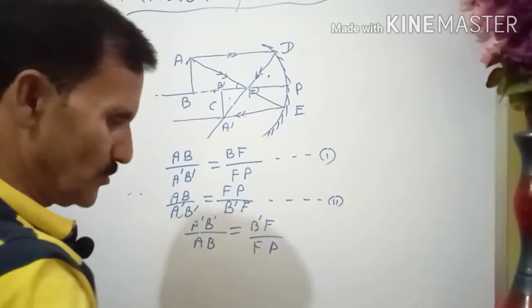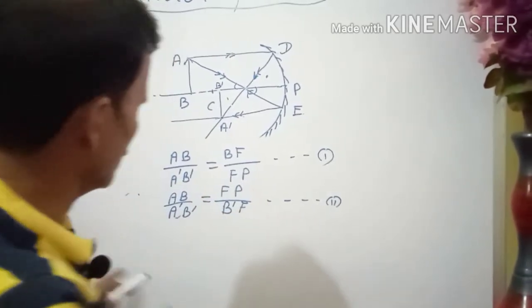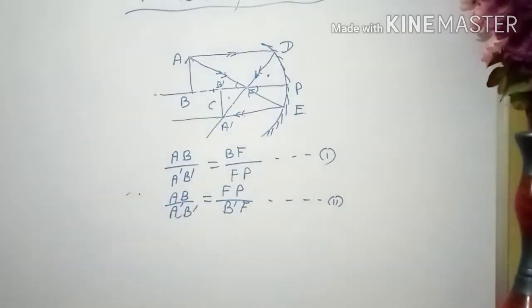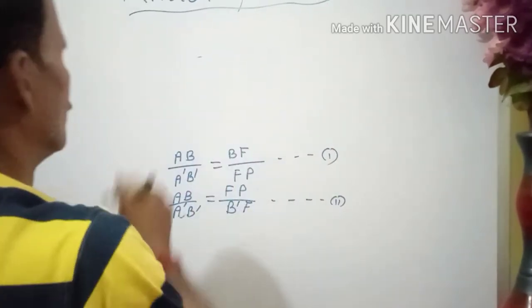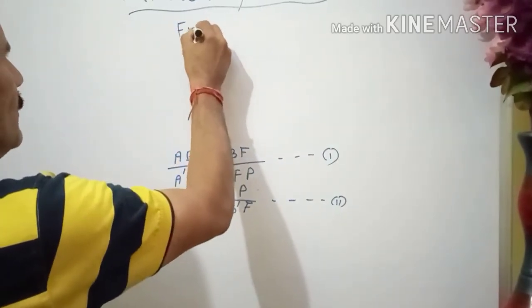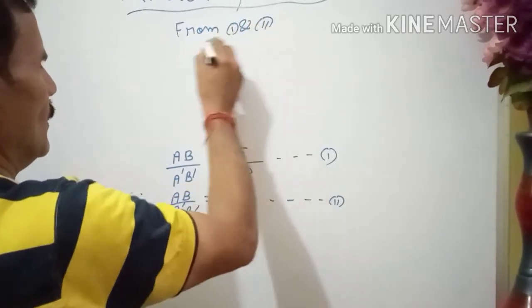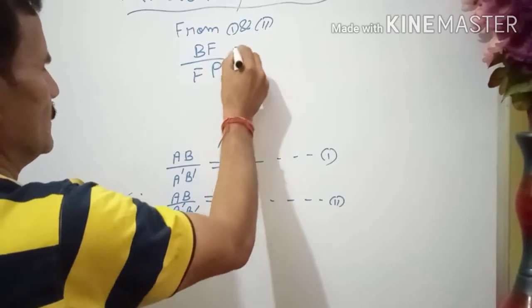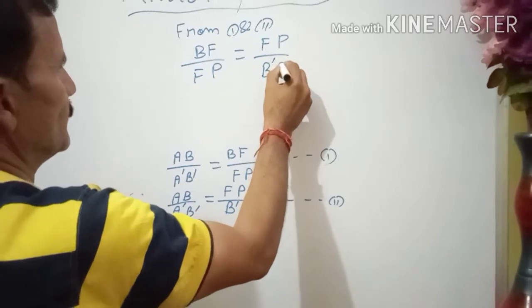Now these two are same, so these two must be same. So from 1 and 2, BF upon FP is equal to FP upon B dash F.